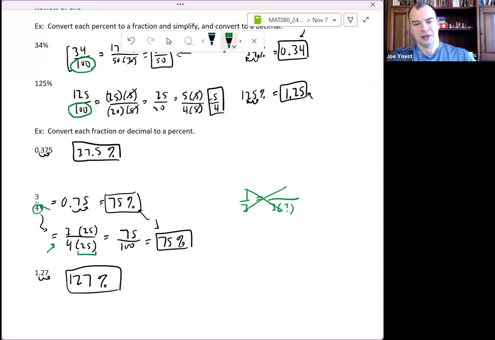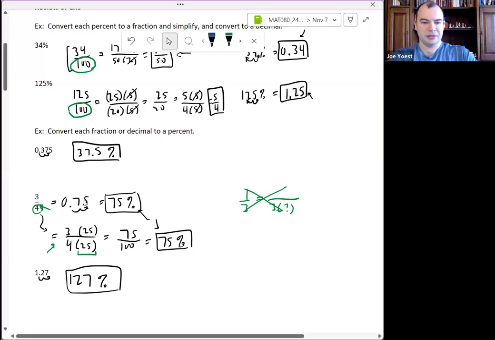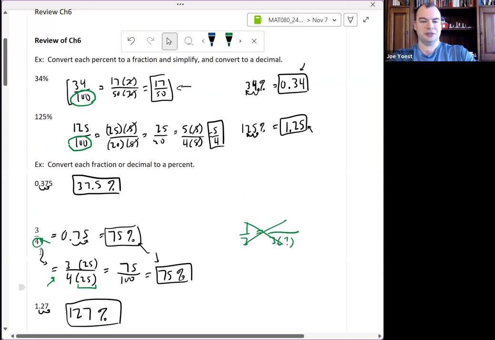If it was a fraction that had a denominator that wasn't very nicely able to be made into 100, or even a denominator like 12, then I would have gone the decimal route and then converted to a percent. Yeah, good question though. Any other questions on any of these?